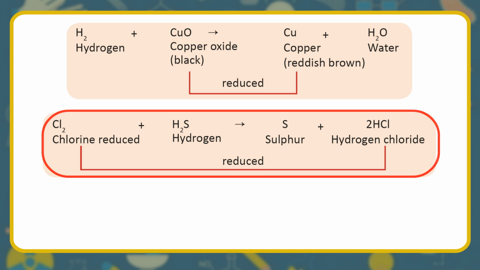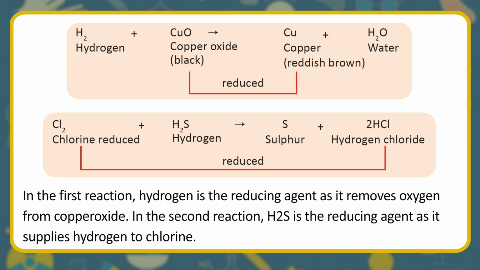Cl2, chlorine, reduced, plus H2S, hydrogen sulfide, gives S, sulfur, plus 2HCl, hydrogen chloride. In the first reaction, hydrogen is the reducing agent as it removes oxygen from copper oxide. In the second reaction, H2S is the reducing agent as it supplies hydrogen to chlorine.